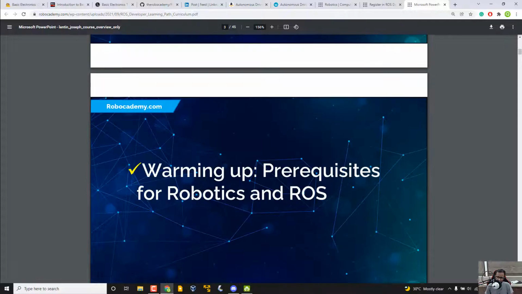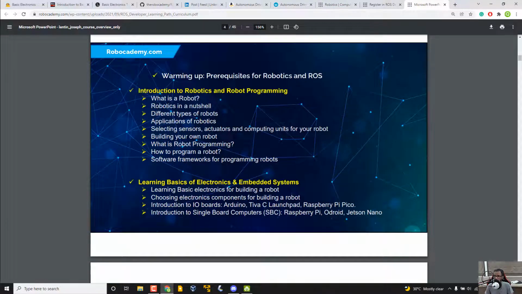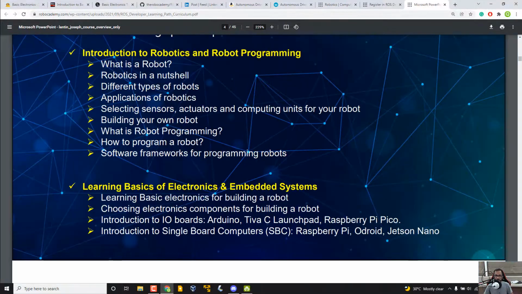Which is very important because you guys are from different backgrounds. Some of you are from mechanical or electrical, electronics, computer science, right? Those who are working in computer science may not have an idea about mechanical or electrical. So there are some issues when I'm taking the classes in ROS, and if I'm discussing, for example, some basic electronics, then some of you don't know about electronics.